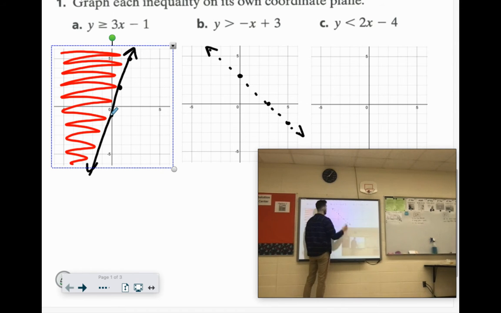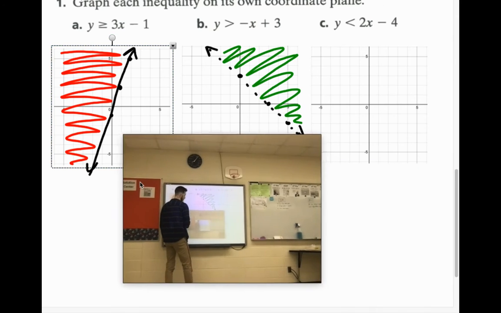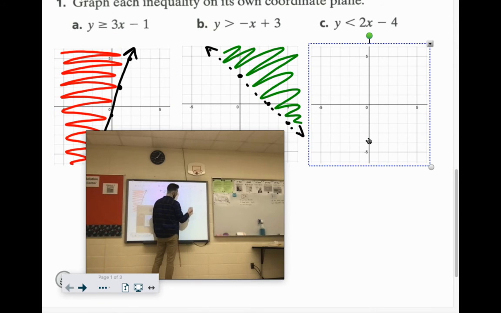And this one is greater than, so we shade above the line. And the last one, start at negative 4, and have to move over. Slope is 2, up 2 over 1. Dotted line, and this one is less than, so we would shade below that line.